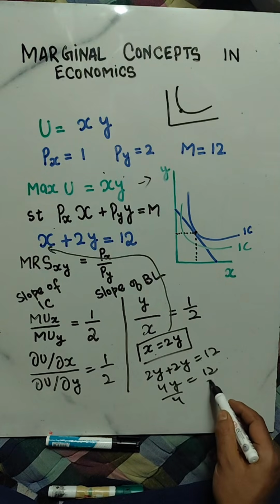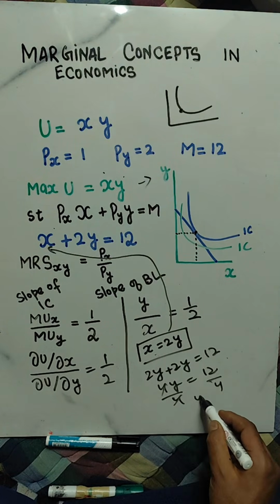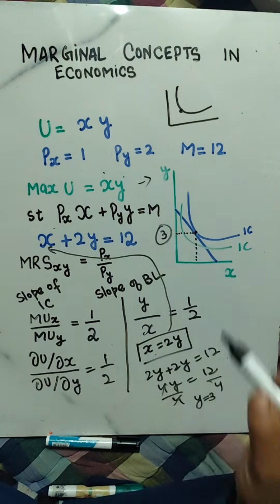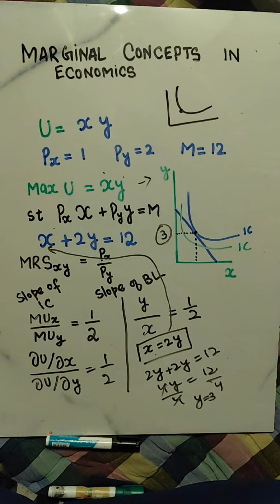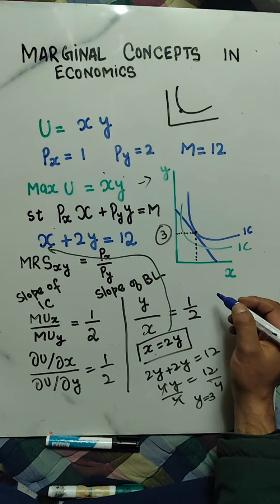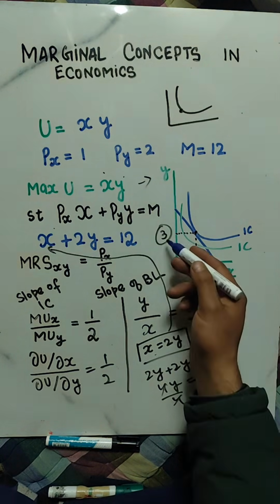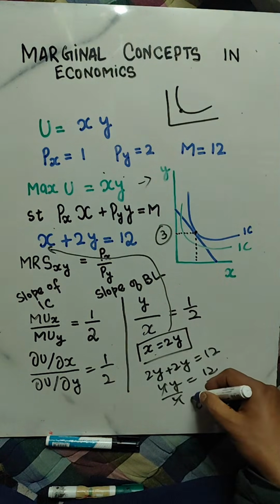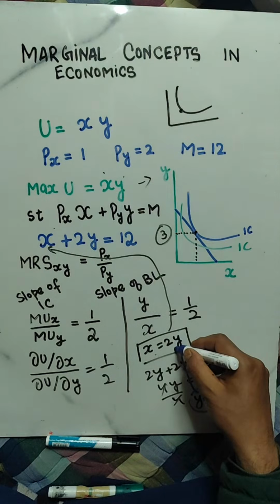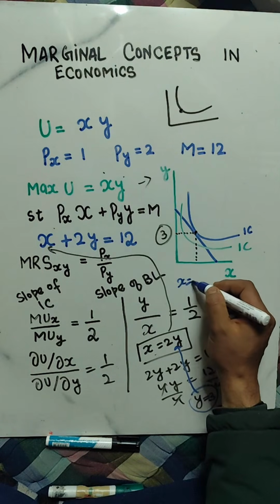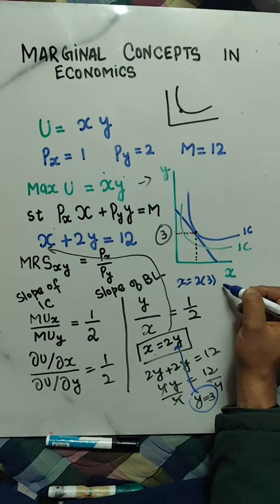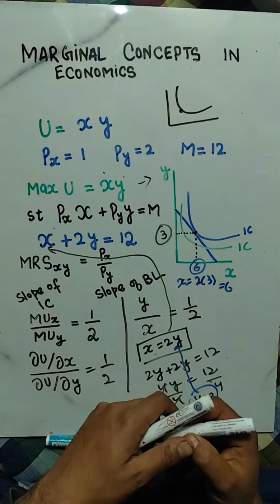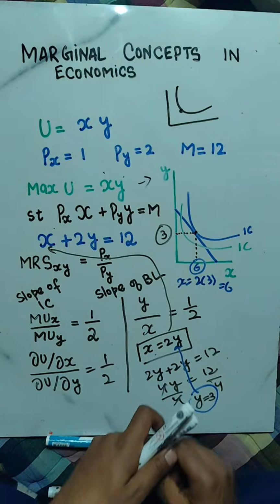Dividing both sides by 4, y will be equal to 3. So the consumer will consume 3 units of good y. Plugging y equal to 3 in this relation, x will be equal to 2 times 3, which is 6. So 6 units of good x, to maximize his satisfaction.